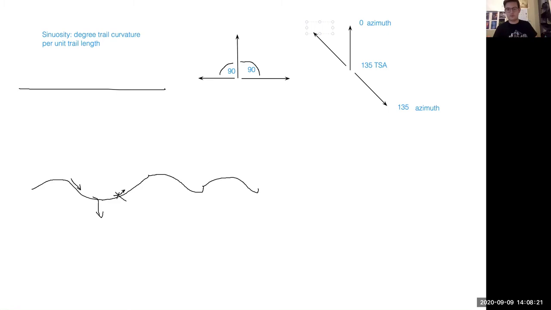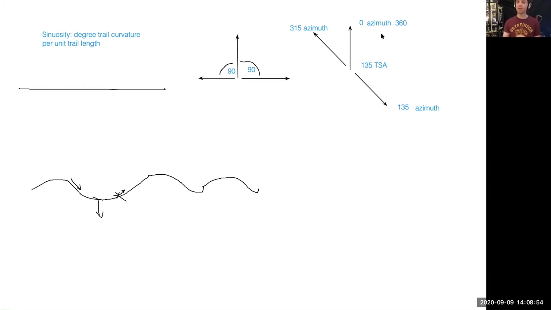315. That is correct. So I'm going to label that one as 315 azimuth. And there we go. That's a little easier to read. All right, now 0 azimuth is the same as 360 azimuth. So what is the angle formed, or the other TSA formed between 315 and 360 degrees?